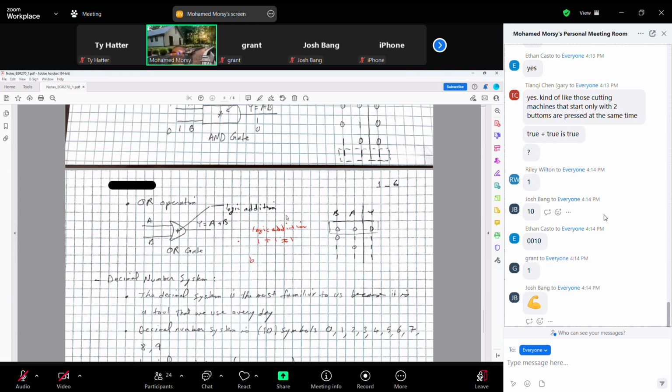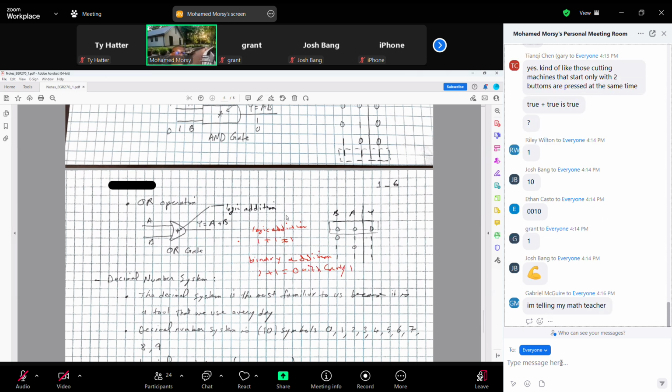But in binary addition, 1 plus 1 is 0 with carry 1. Carry 1, and it is written like this: 0 with carry 1. Why?